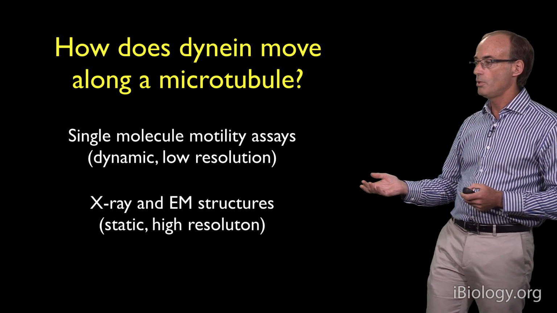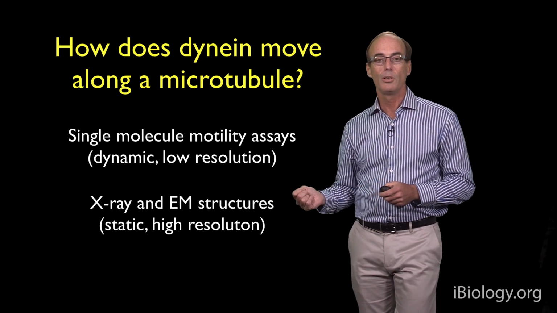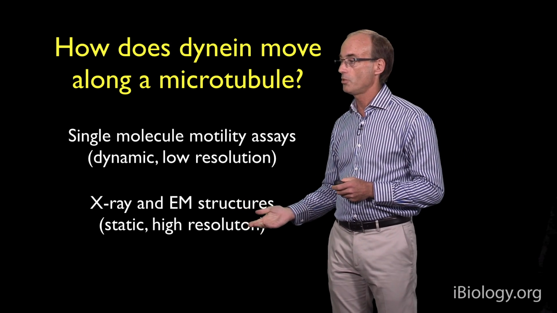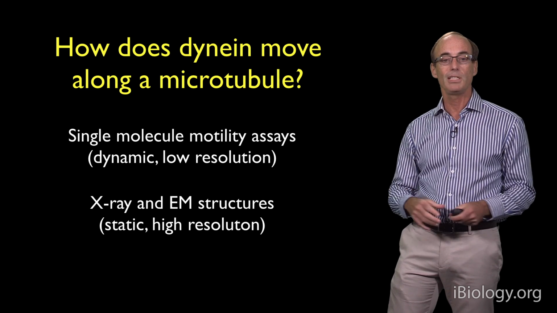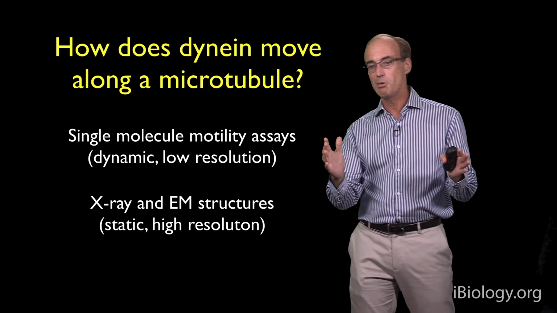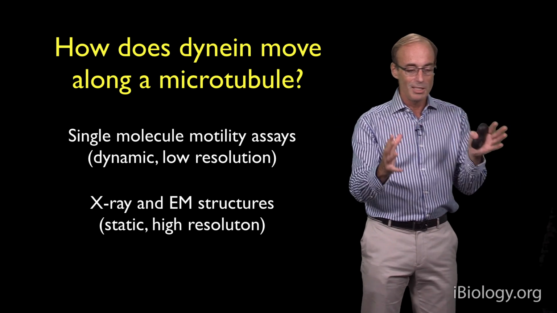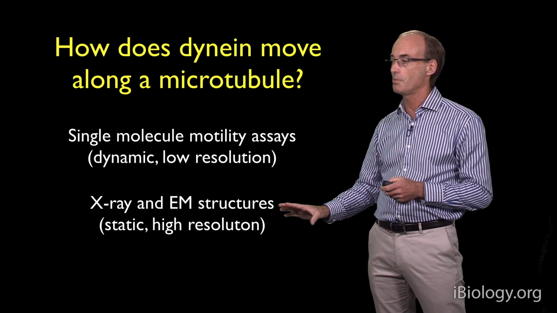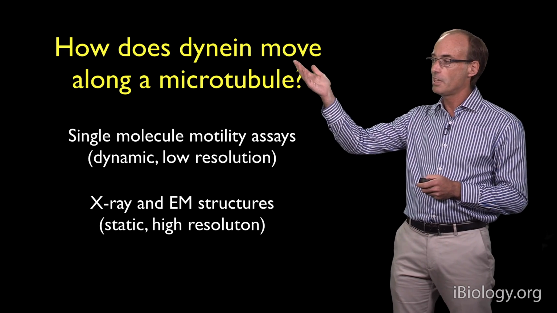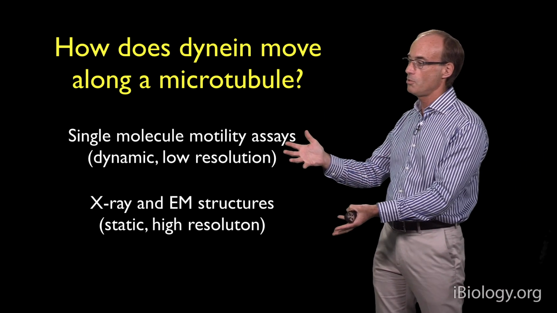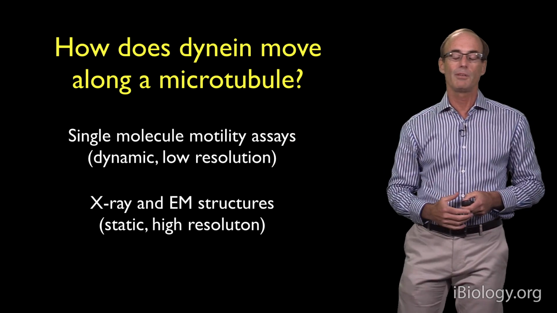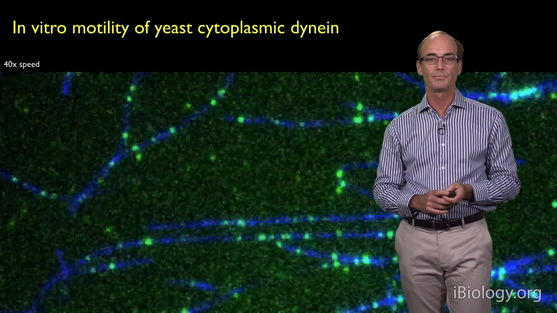On the other hand, we can do X-ray crystallography or do electron microscopy. And these give higher resolution information, even down to atomic detail. But they're static images. So we see the protein frozen in time, and it doesn't provide the information on the dynamics. So somehow to piece together the answer to this problem, one has to use the information from both of these techniques and try to work out a model of how dynein might work.